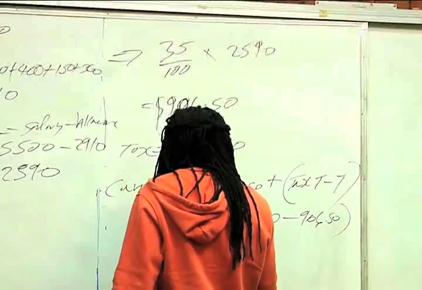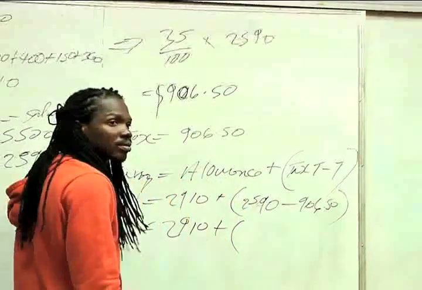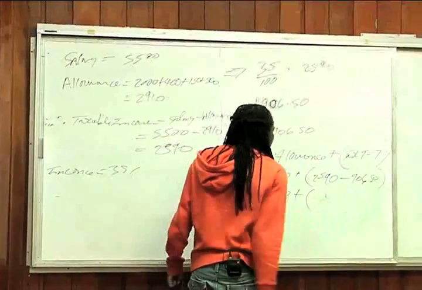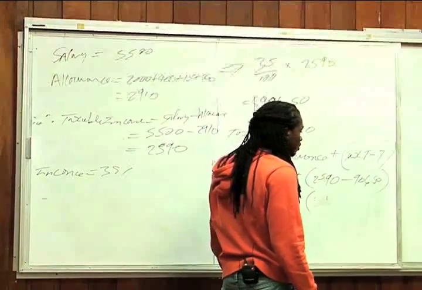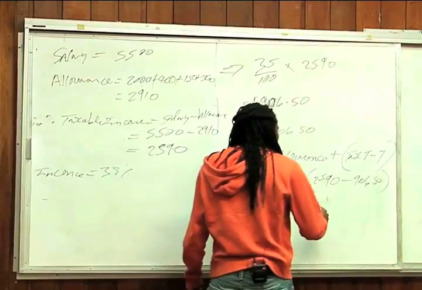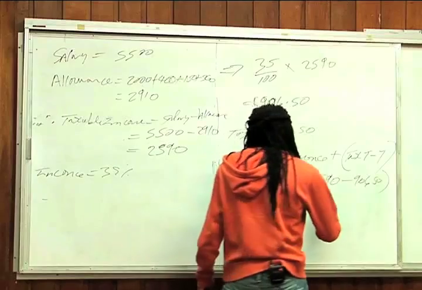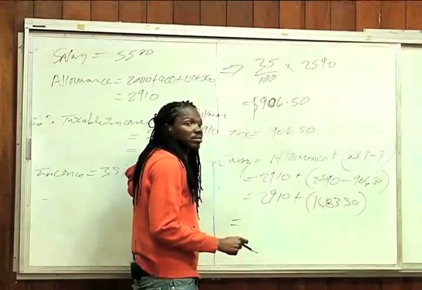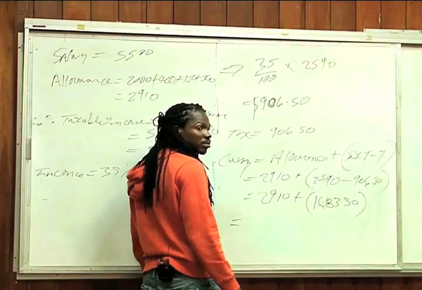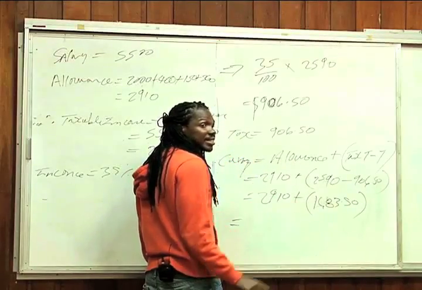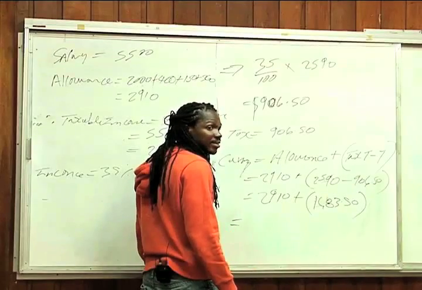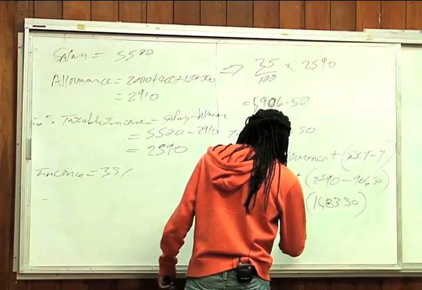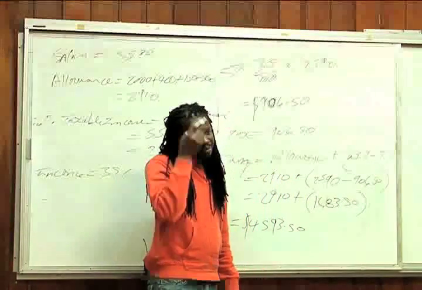Equals 2,910 plus what? 1,683.50. Equal to 4,593.50. So that's what he carries home.